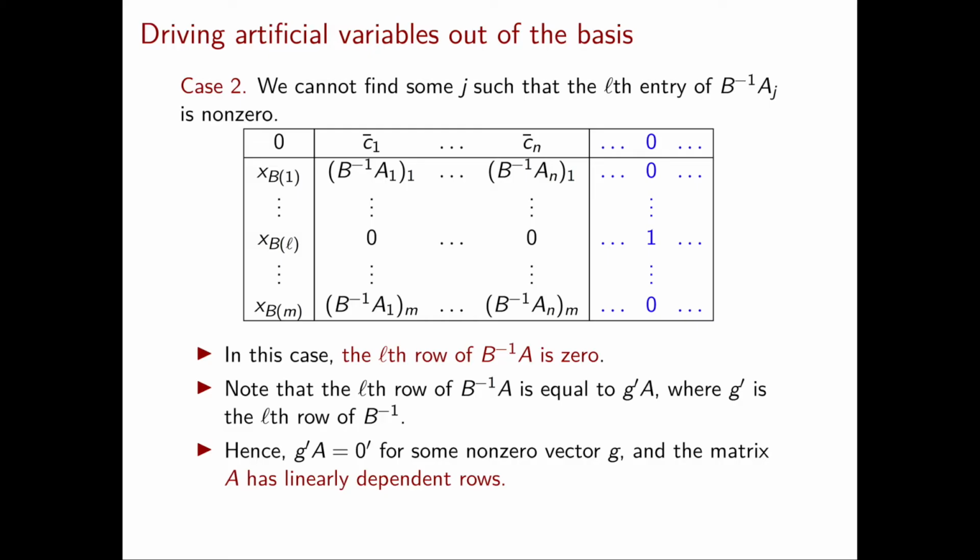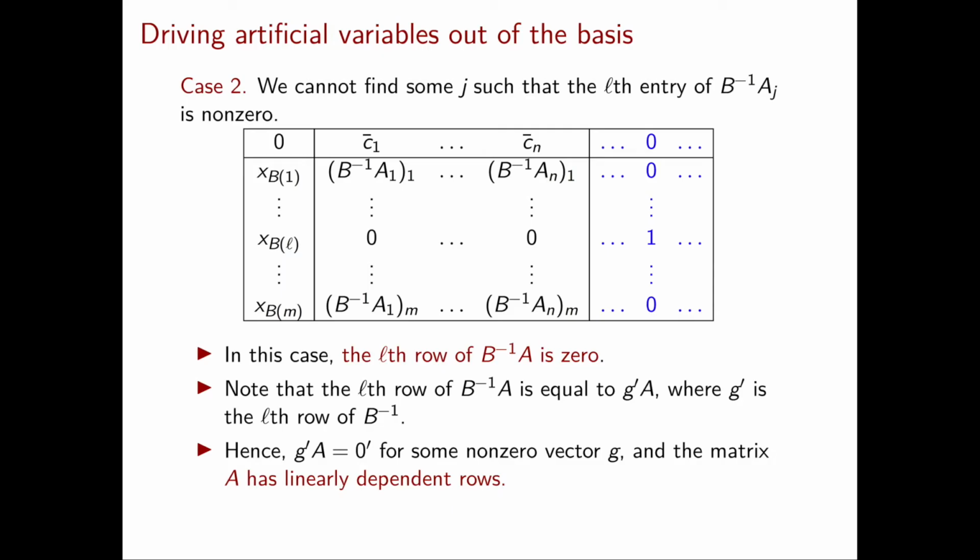The nth row of B inverse A is the product of the nth row of B inverse with the matrix A. So if we denote by g transpose the nth row of B inverse, we obtain that g transpose A is equal to the 0 vector. In other words, the 0 vector can be obtained with a linear combination of the rows of A. Therefore, A has linearly dependent rows.